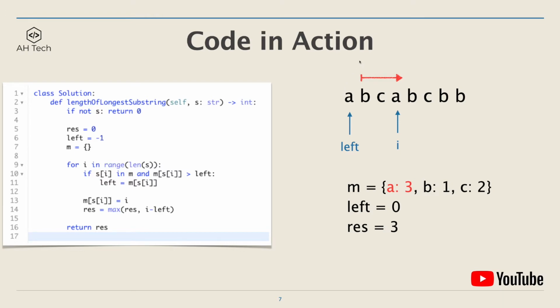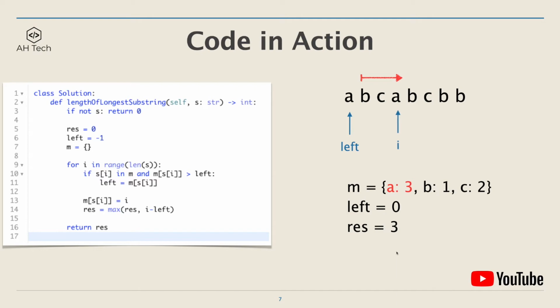So now the sliding window will start from B and going forward. So in this approach, we'll always set left one step before the sliding window as the left boundary. And the effective length of the substring will be i minus left.